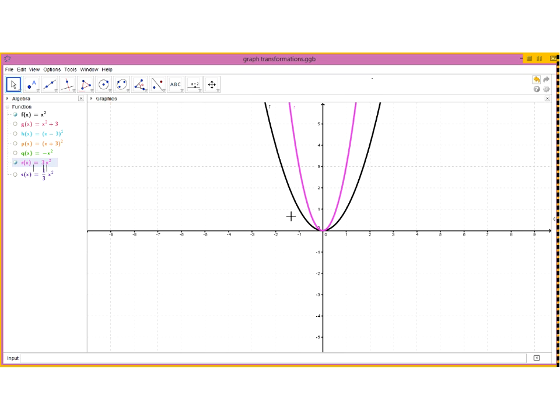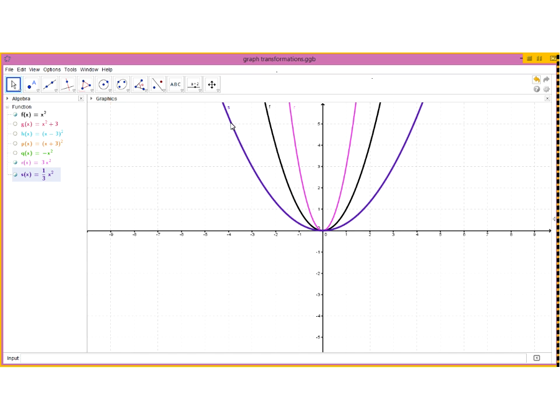Here we have x squared, and we've multiplied it by 3. So 0, 0 is still there. This point is moved up 3. And this point, since it's at 4, we take 4 times 3, it's going to go up to 12. So each one of these points is stretched by a factor of 3. This is 1/3 x squared.